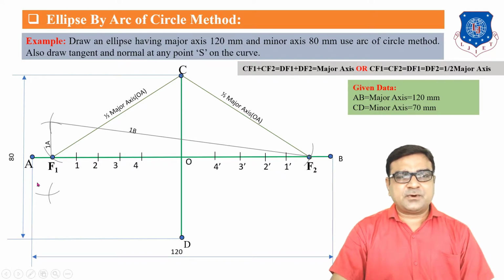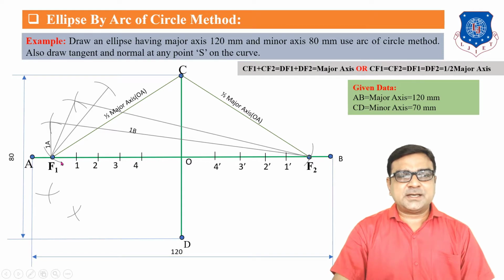Same procedure for A2 radius, F1 center, draw arc, and 2B radius, F2 center, intersect that arc upper and lower. Same procedure for point 3, meaning A3 radius, F1 center arc, 3B radius, F2 center arc.